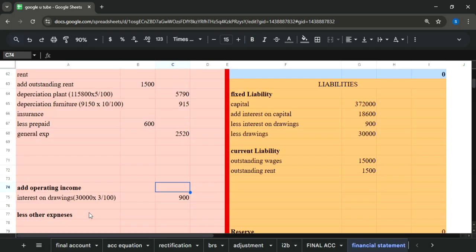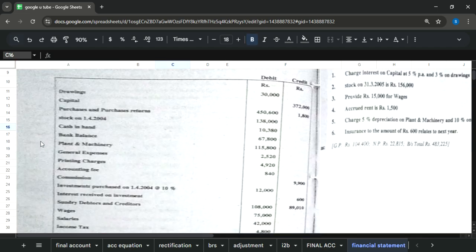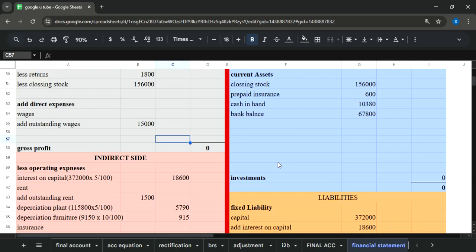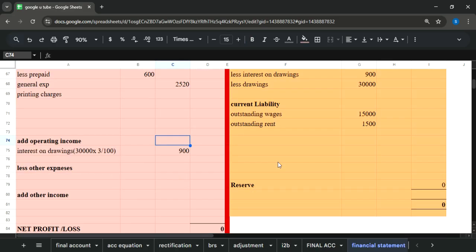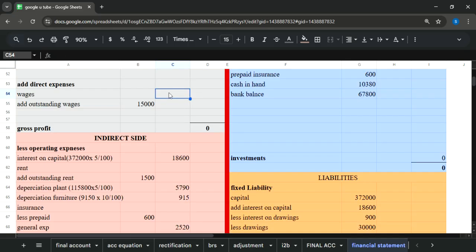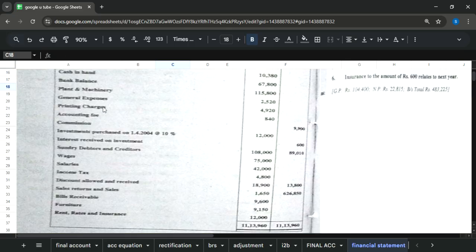Again, it's an operating expense. So here you will mention printing charges, and amount of printing charges is 4920. So just write down 4920. Printing charges entered, after which we have accounting fee.